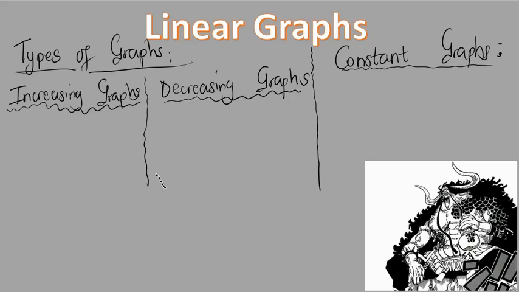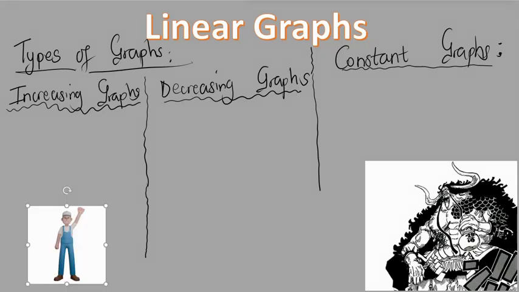So now let's start with increasing graphs. What are increasing graphs? If you use your right hand right now and raise it up, like this man here, the one that I just added now, he's raising his right hand up. If you raise your right hand like that, you will get the direction of an increasing graph.